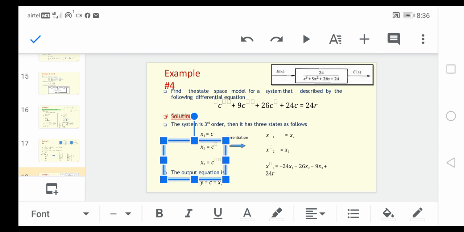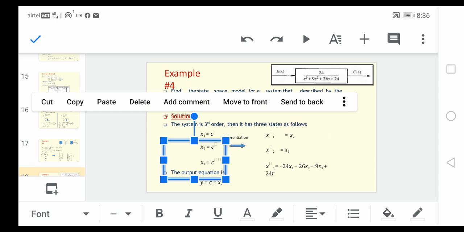Wherever you have c double dot it is x3, and x3 dot is equal to c triple dot.